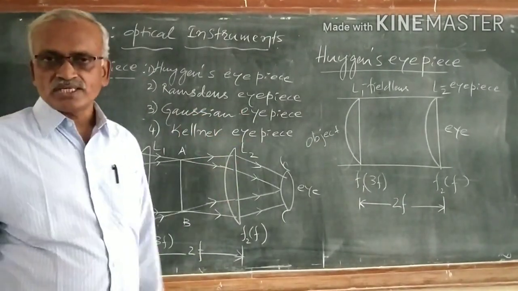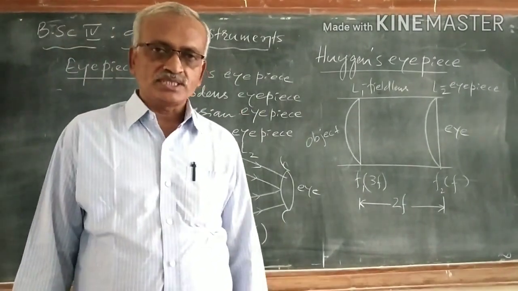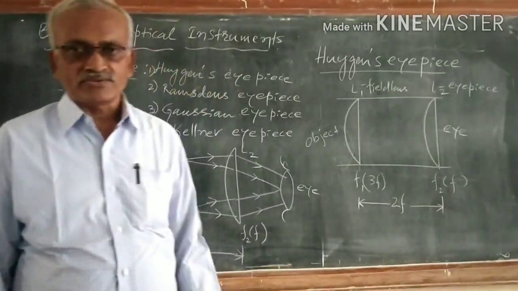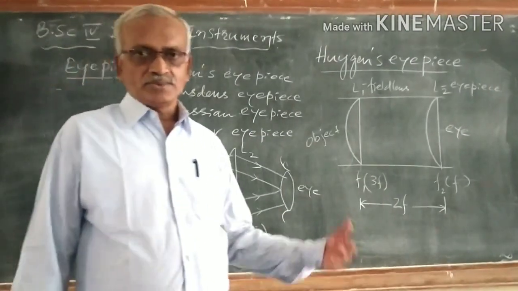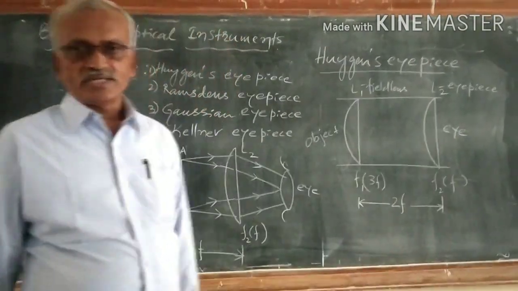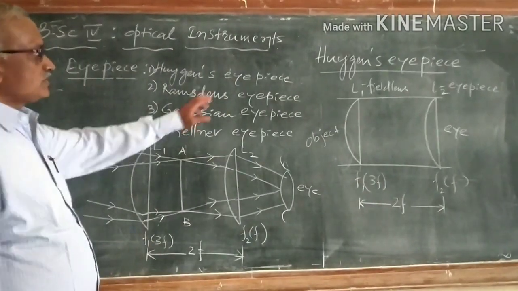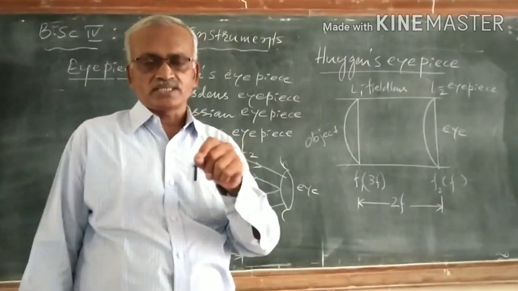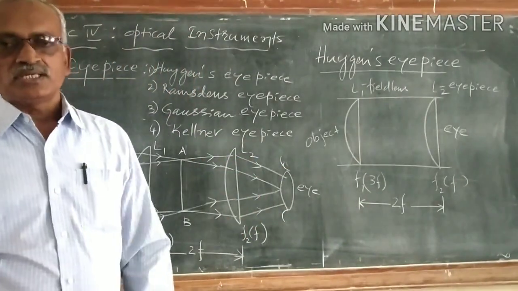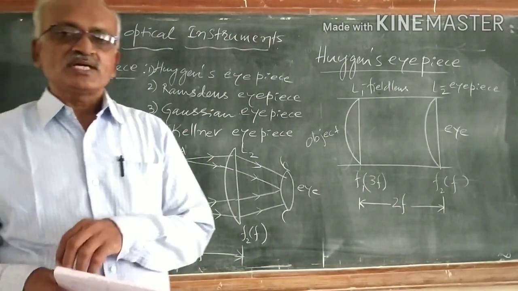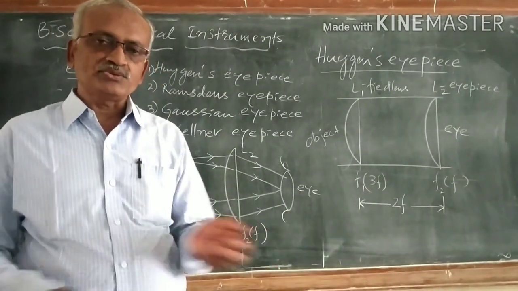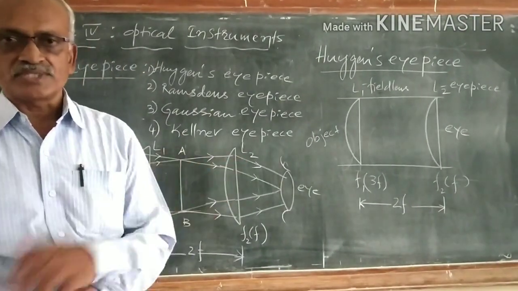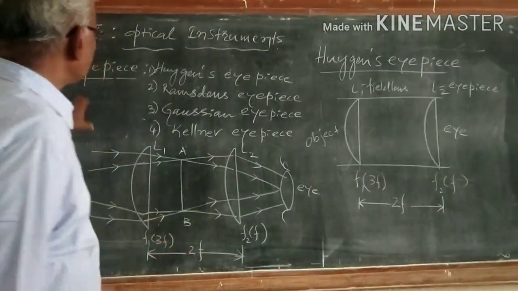Similarly, there are the microscope, the telescope and the spectrometer. The microscope is used to view magnified images of minute particles when the object is near, and for longer distances we use the telescope to view distant objects. So this is the eyepiece.